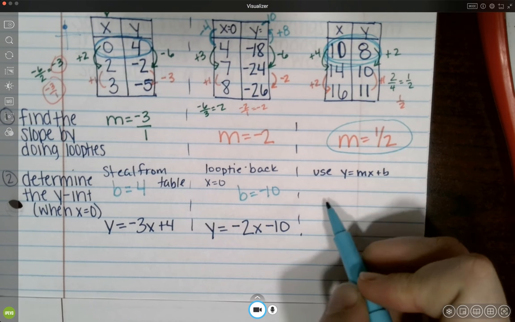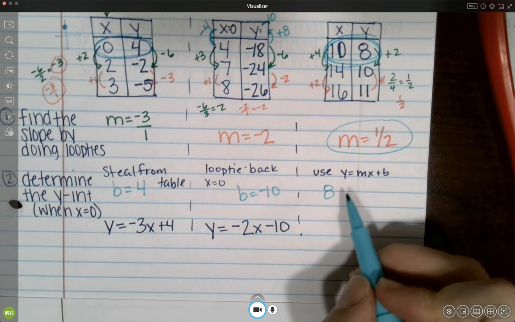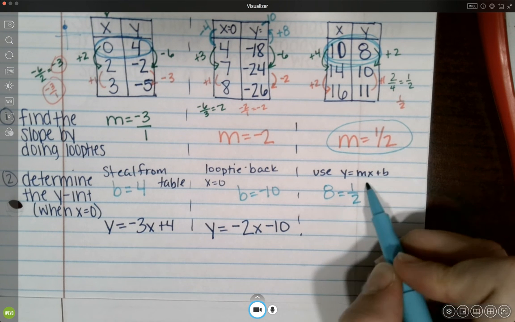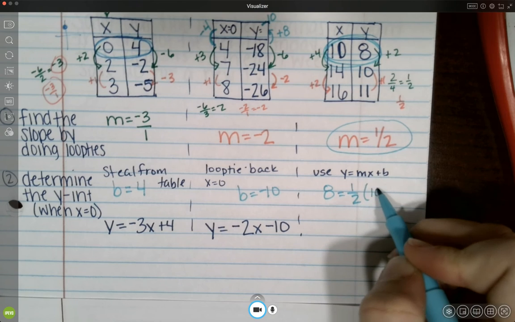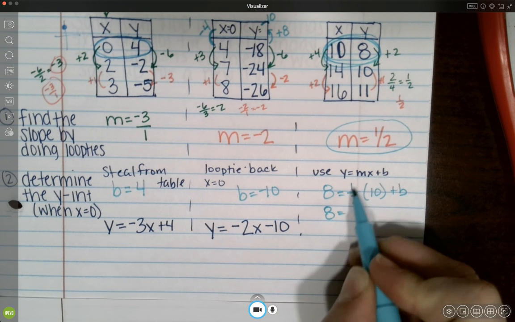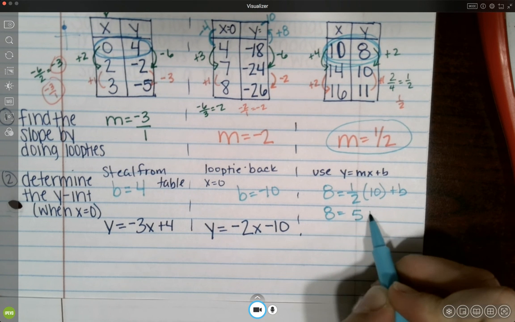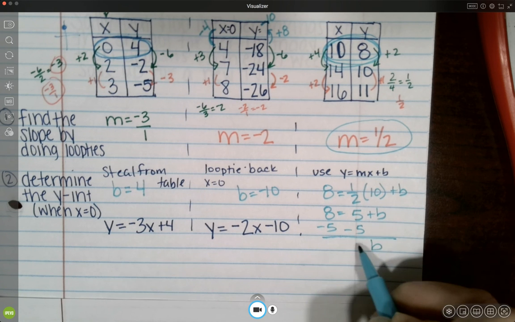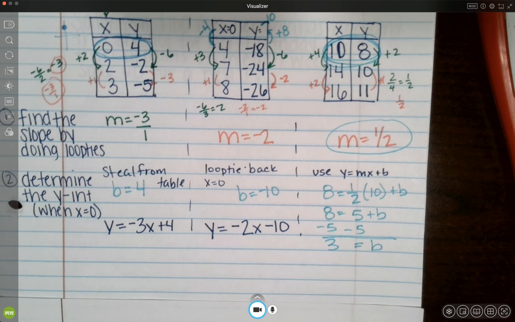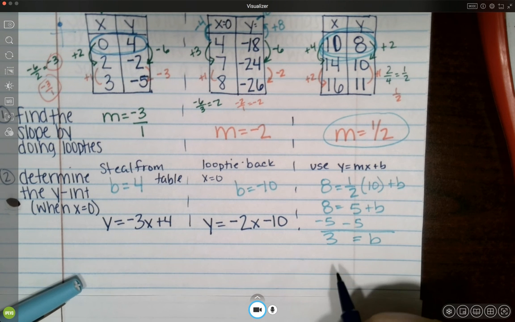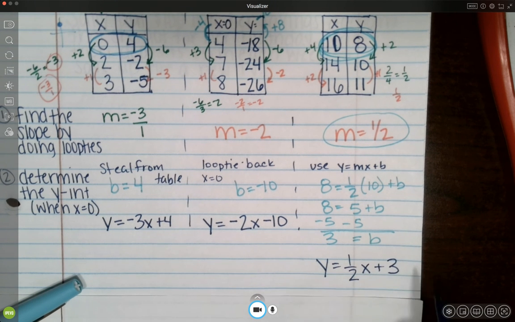So y is the number 8, stolen from my table. m is a half, stolen from what we just did. x is the number 10, stolen from my table, and I don't know b. 8 equals half of 10, which is 5, plus b, and I subtract 5 from both sides, so b would equal 3. So I have my m and my b, which means y equals 1/2 x plus 3.